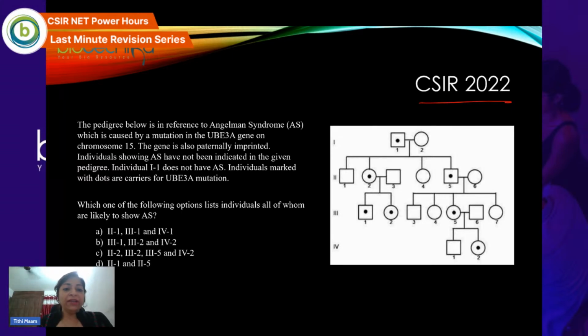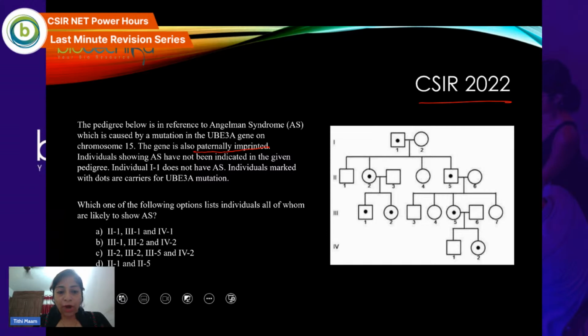The pedigree below is in reference to Angelman syndrome, which is caused by mutation in the UBE3A gene on chromosome number 15. The gene is also paternally imprinted. The individuals showing AS have not been indicated in the given pedigree. So it's not indicated who has the disorder and who doesn't.